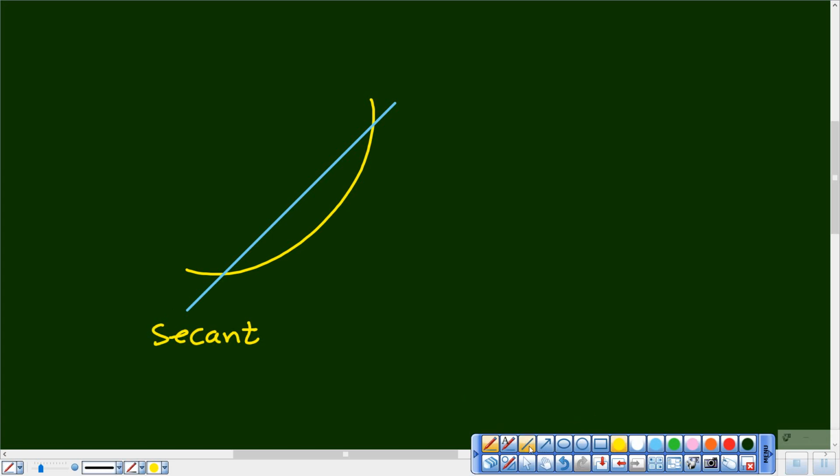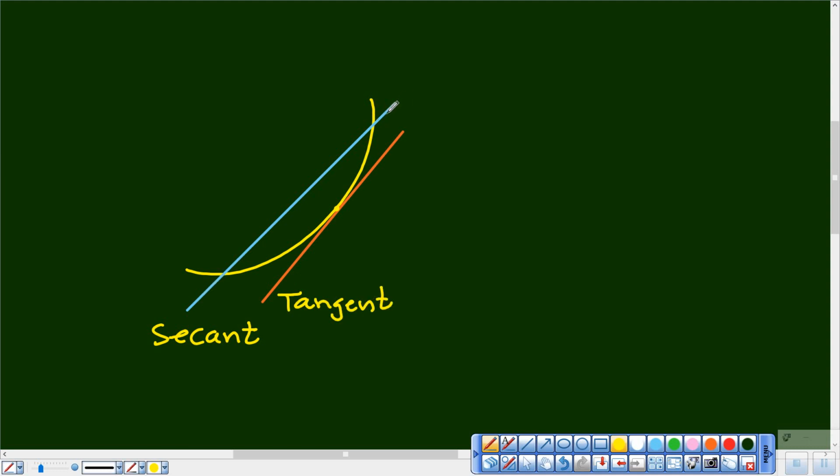And any line that meets the curve at two coincident points is called a tangent. So these are the two notions, secant and tangent.